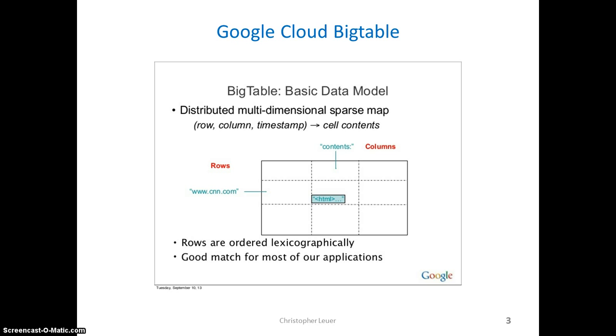This is a multidimensional sparse map. Each cell is time-seriesed, and the columns are actually called column families, and within a column family you can qualify different data. The intersection of a row and a column family is a cell.